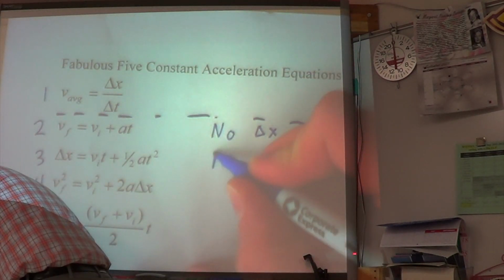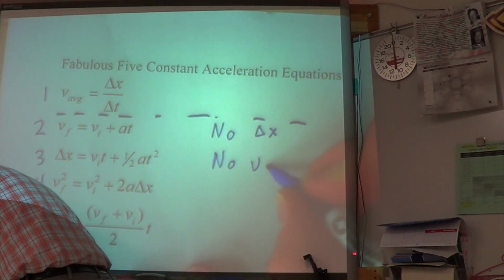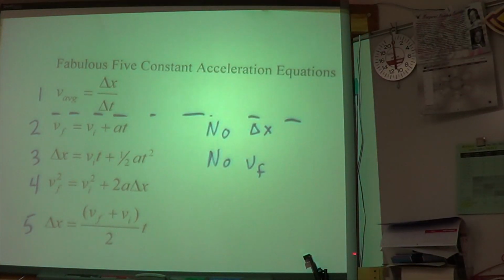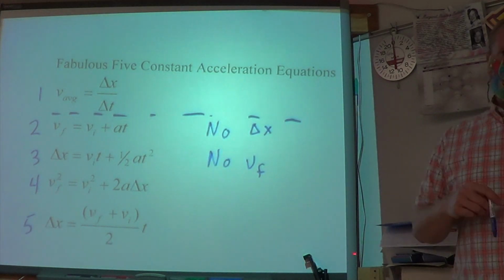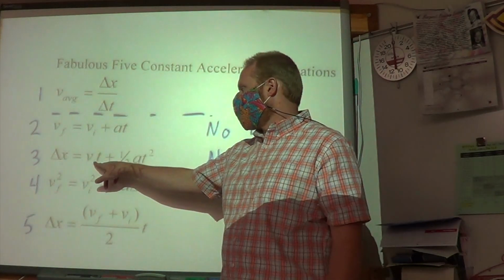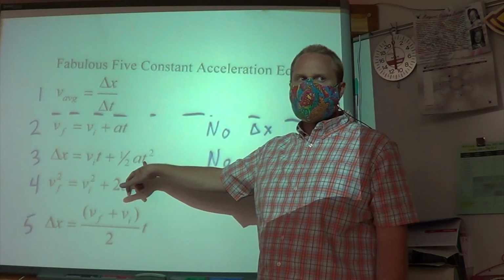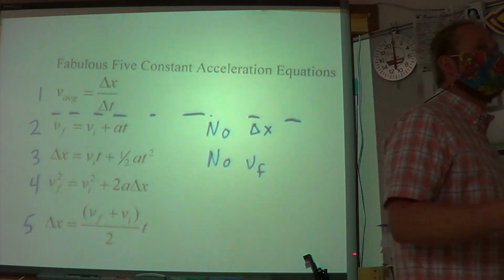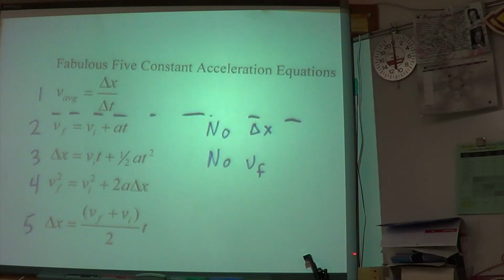So equation number 3 has no final velocity associated with it. Now, equation number 3 could be solved for t, but notice there's a t and a t squared. So if we had to solve for t using equation number 3, realize that you might have to use the quadratic for it.